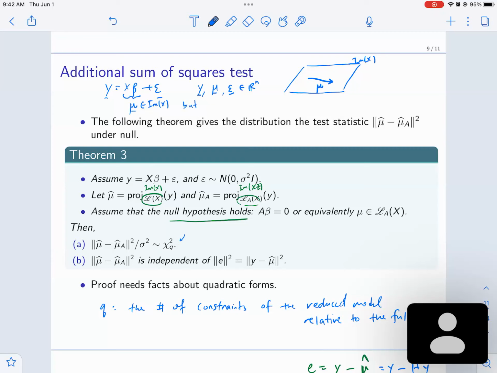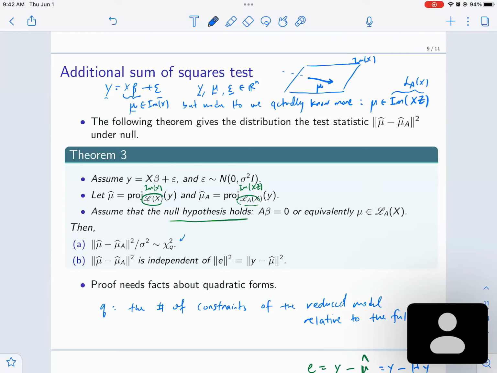But under H naught, we actually know more. So mu would be in the image of that X_0, or L(X_0) in your book's notation.